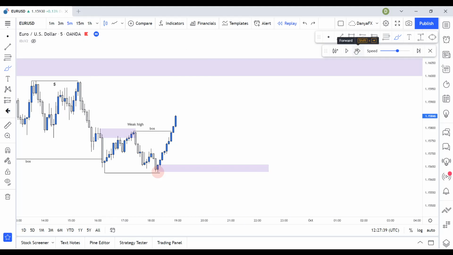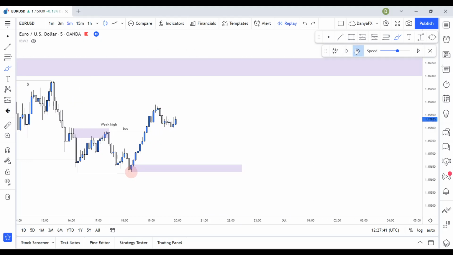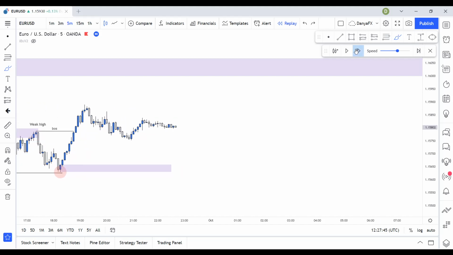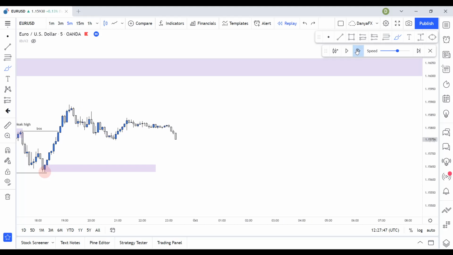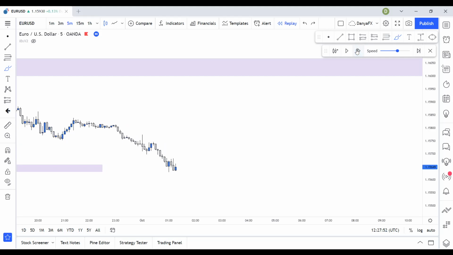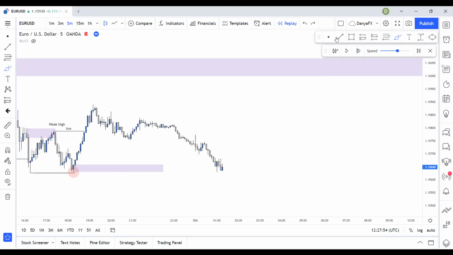So let's play the price forward. And as you can see, it started ranging, so it's really not effective to trade that price.